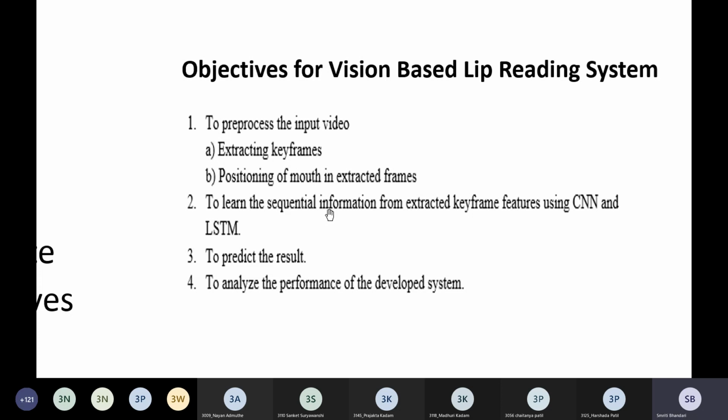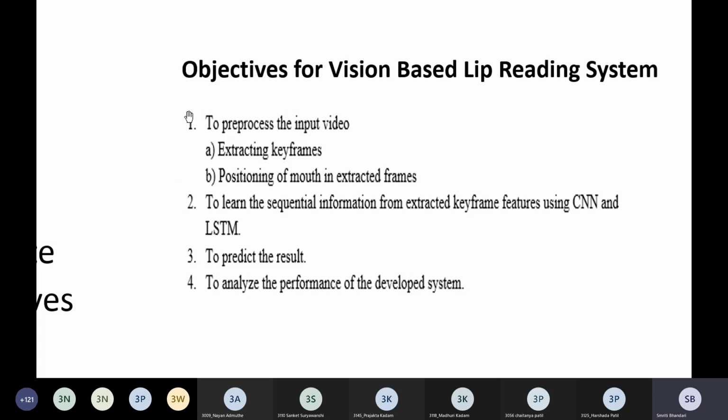Okay, so at every step you are actually implementing some algorithm. For extracting keyframes, you are following some algorithm. For positioning of the mouth in the extracted frames, you will be following some algorithms. To learn from the keyframes, right, you are following some algorithm wherein you may use architectures like CNN and LSTM, right?